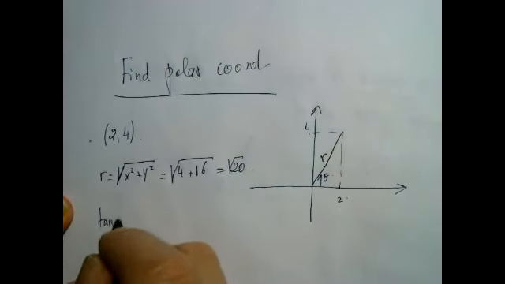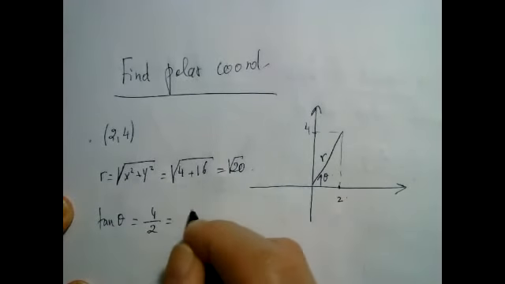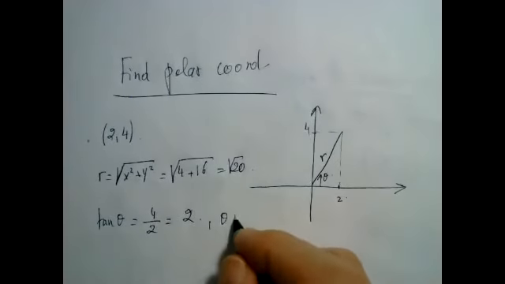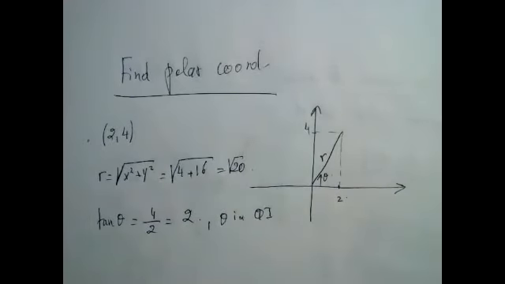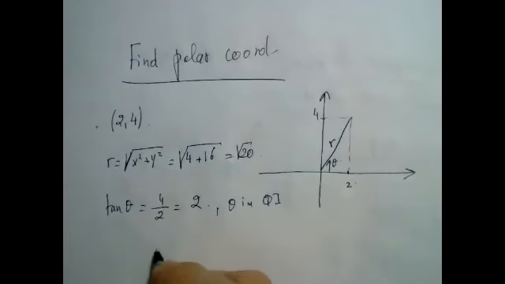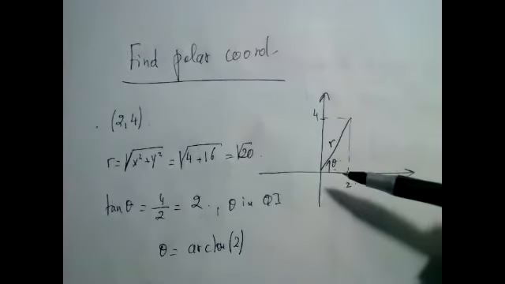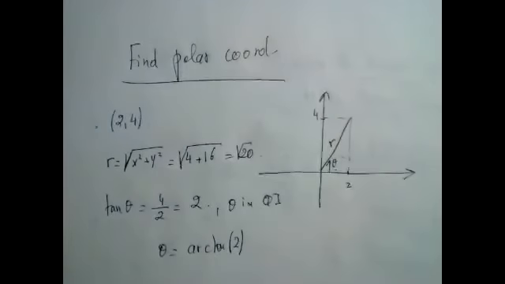Tangent theta is 4 over 2, which equals 2, and theta is in the first quadrant. It's important to know. How do I know? Because I graphed the point. So theta is exactly the arctangent of 2, because the calculator will give me the right angle if I am in the first quadrant.